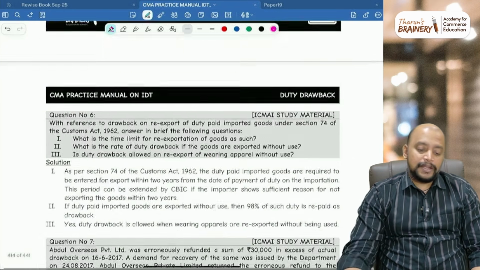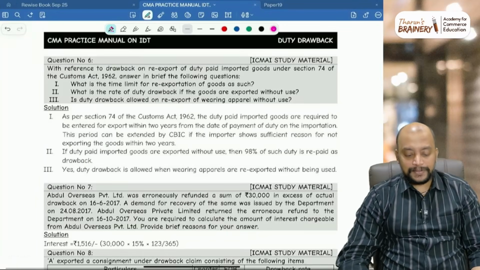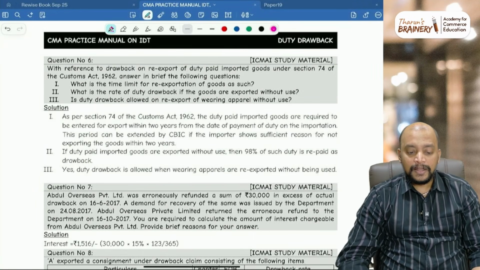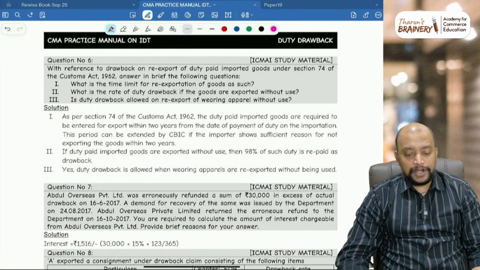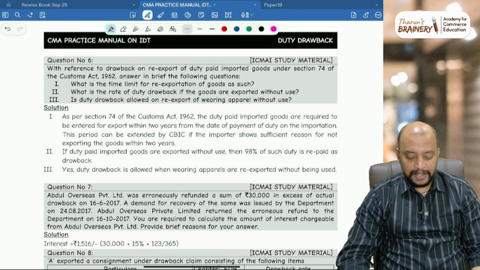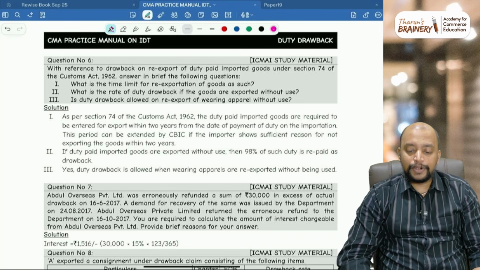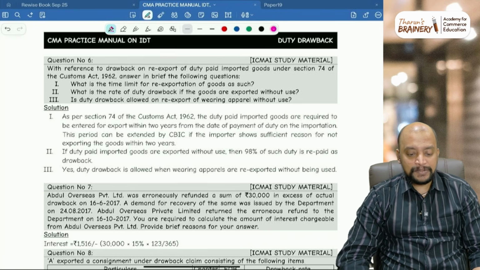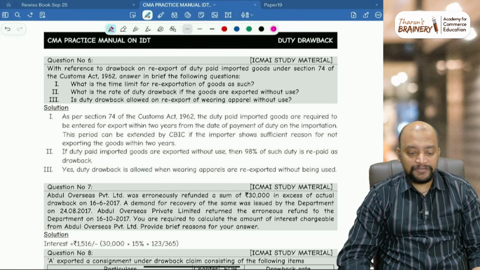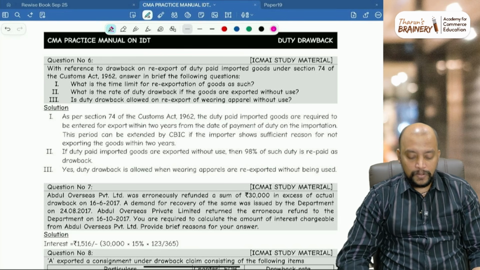Okay. Then question number 6. With reference to duty drawback on re-export of duty paid imported goods under section 74 of Customs Act, answer in brief the following questions. What is the time limit for re-exportation of goods as such?